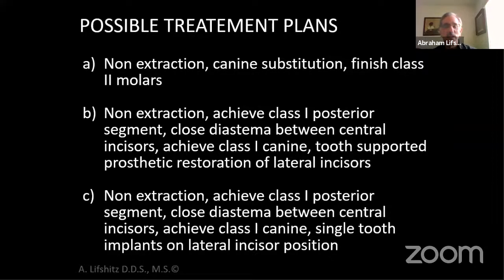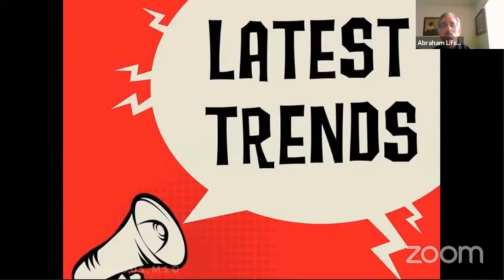The second one is non-extraction, achieve class 1 posterior segment, close diastema between the central incisors, achieve class 1 canine, tooth-supported prosthetic restoration of the incisor. Or the third option is non-extraction, achieve class 1 posterior segment, close diastema between the central incisors, achieve class 1 canine, single tooth implants on lateral incisor position. So what are the latest trends?